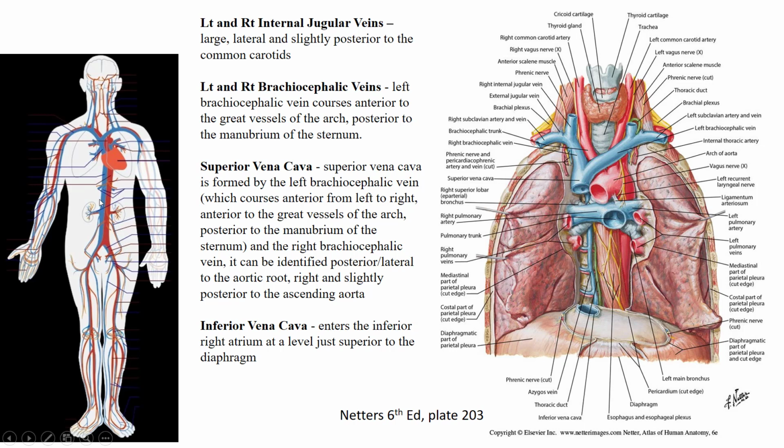And so we're going to go into a little bit more detail. So here on the right we have this view from Netter's, 6th edition, page 2, plate 203. And so you have the right subclavian vein here and the left subclavian vein, and notice how the left subclavian vein crosses in front of the great arteries here.